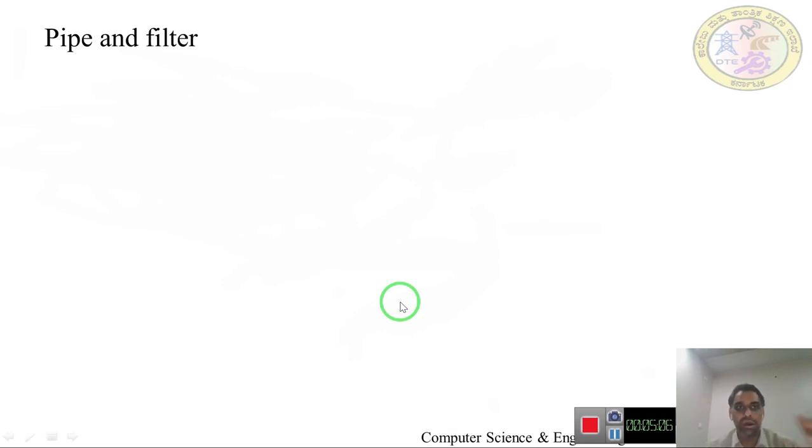Now let us go through what is pipe and filter. Pipe and filter is one of the architectural styles, applied when input data are to be transformed through a series of computational or manipulative components into output data.